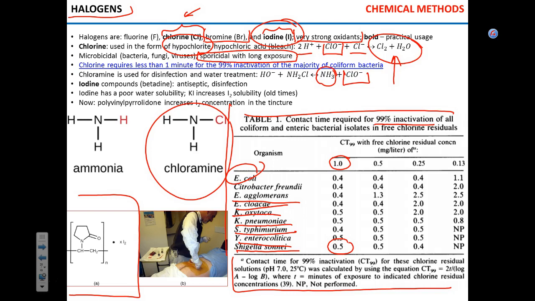In order to dissolve them, in olden times, chemists used a tincture, so some water, some alcohol, and they also used potassium iodide, which increases iodine solubility. Now we use a polymer called polyvinylpyrrolidone. You don't need to memorize any of the formulas, of course.